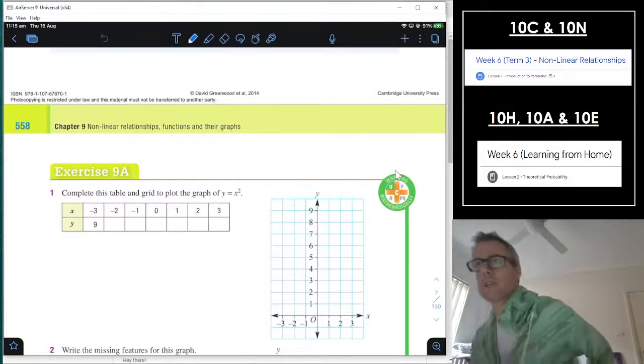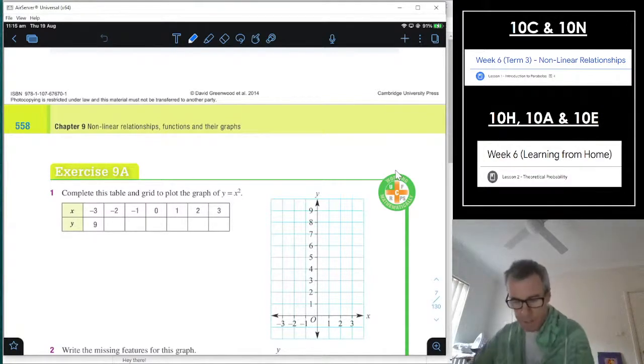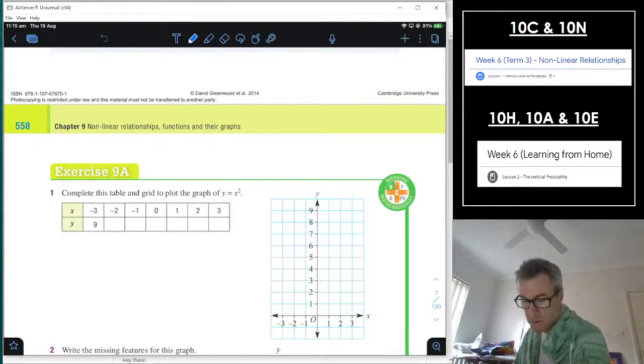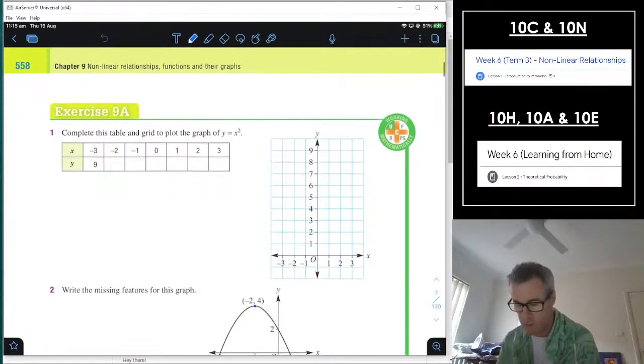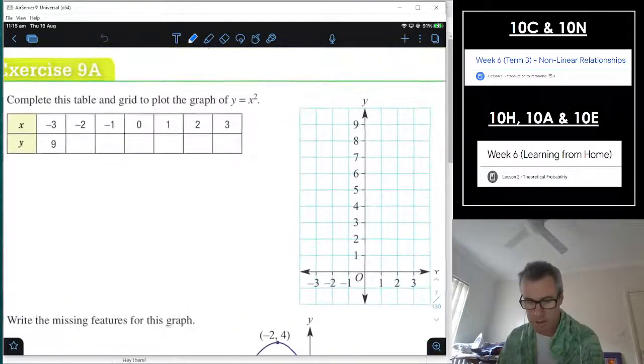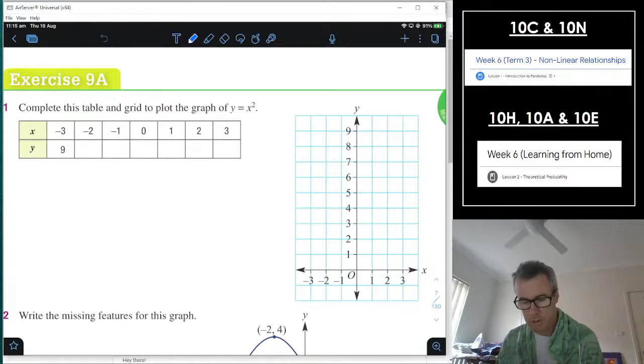Here's that first exercise. Copy and complete this table and grid to plot the graph of y equals x squared. You can see this is pretty much exactly what we did just here. Again, negative 2 squared was 4. That was 1, that was 0, that was 1, that was 4. Given that the pattern mirrors here, this one over here is going to be 9 as well.